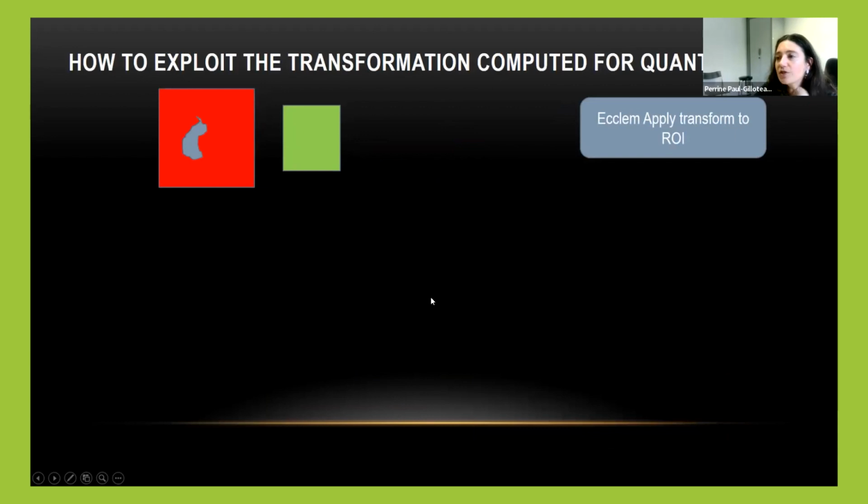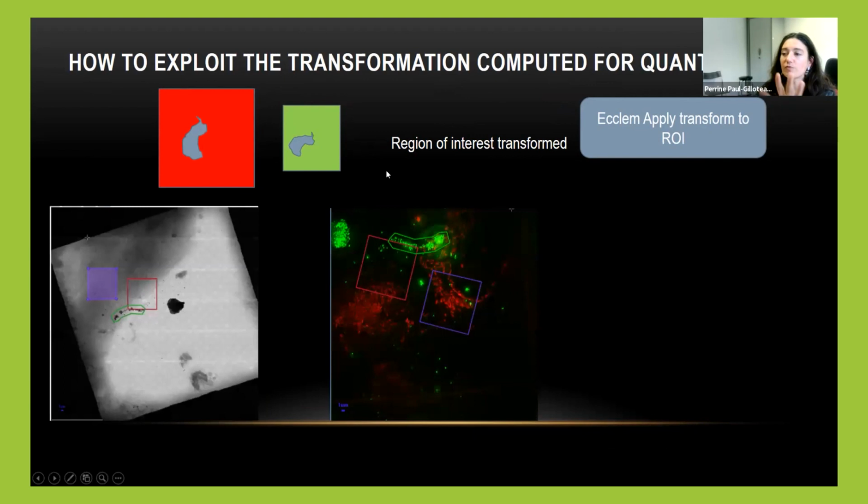And the last one, which is not used that much, but I think is very useful, and I'm going to demonstrate why, is to use the transformation that you have computed and apply it directly to the region of interest, because most of the time you want to measure something or look at something in particular.